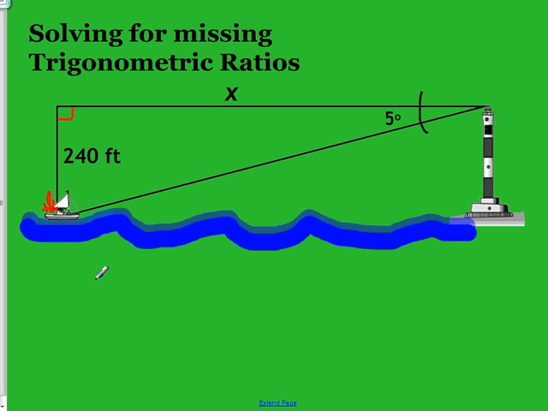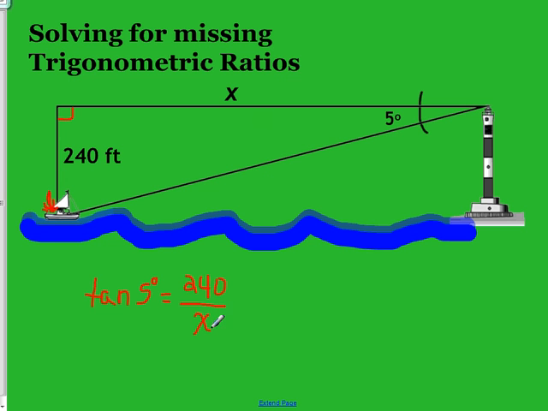So I'm going to say tangent of my 5-degree angle is equal to my opposite, which is 240, over my adjacent, which in this case is x. Now we just need to solve for x.